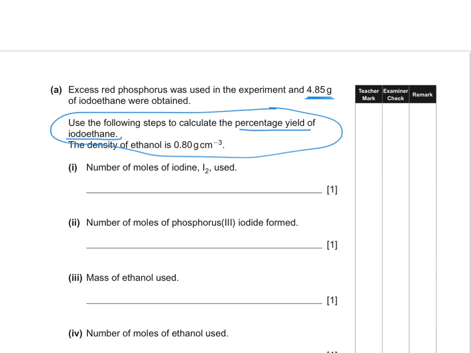Going back to the question, we are told that we produce 4.85 grams of iodoethane, and that is our actual yield. 6.1417 grams is our theoretical yield.